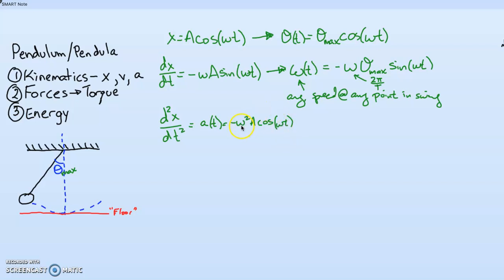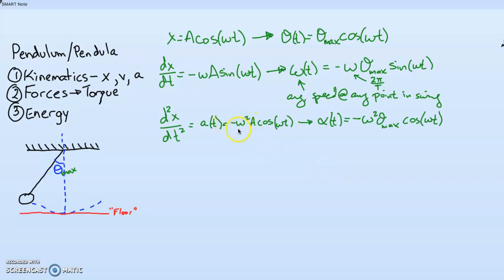Another omega comes out by chain rule. And we have the same exact thing, but with angular quantities, the a turns into an alpha. Another omega comes out. And we still have theta max multiplied there.